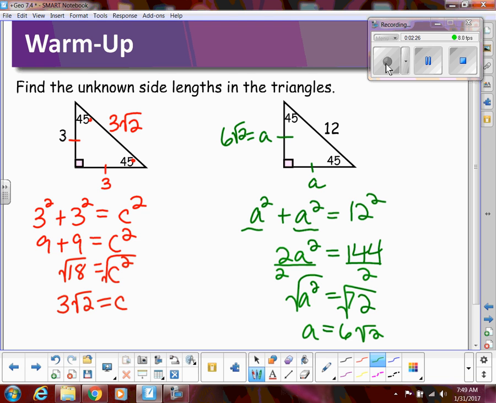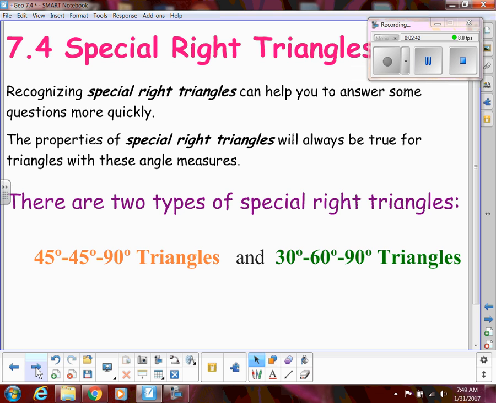So the reason I wanted you to do this is because we're going to be looking for patterns here. Now, I don't know if it's odd to you, but the square root of 2 is coming up quite a bit. So let's think about what's happening with this. These special right triangles, we're going to be recognizing these patterns because it'll help us do problems more quickly.